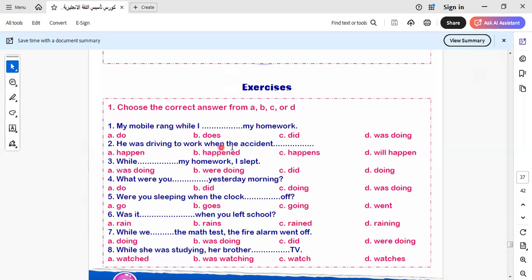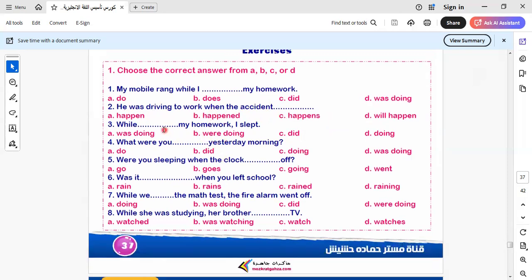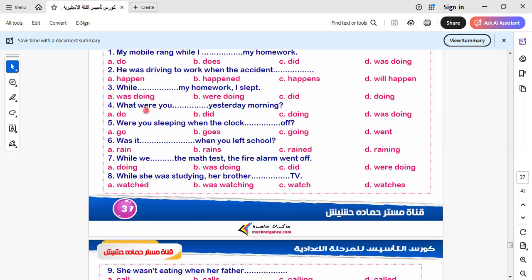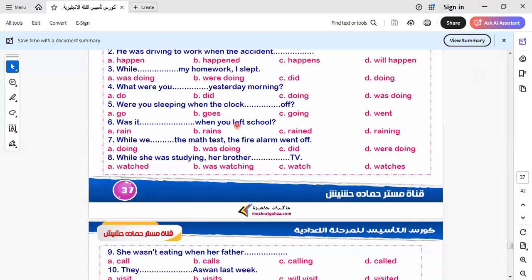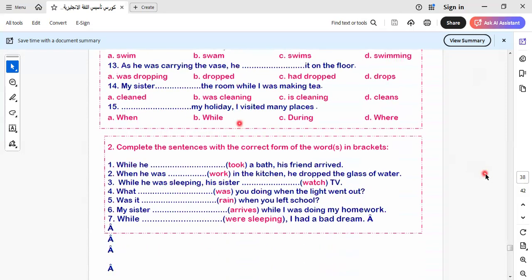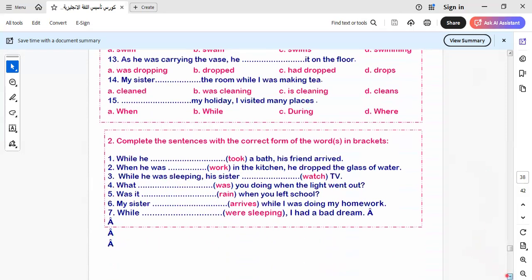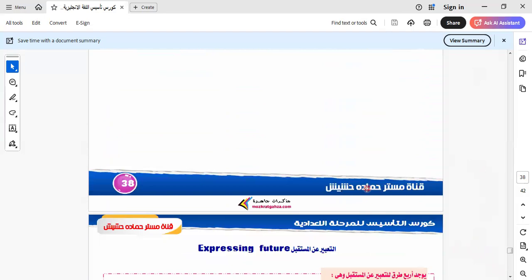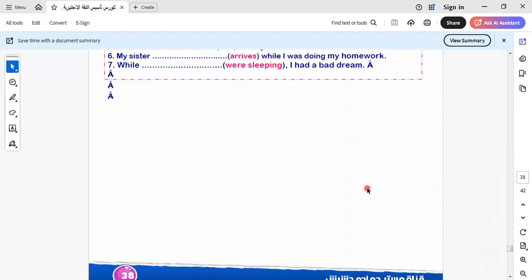Because the tense that comes after when is in the past form. While doing my homework, I slept. Here is while, and there isn't a pronoun here. What were you doing? I will leave the rest for you to do by yourself.